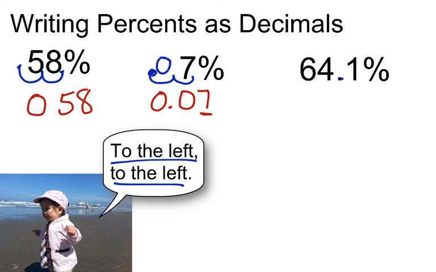And we move it 2 to the left, and stop. And you, of course, just put a 0 as your placeholder. If you were to write it without that 0, 641 thousandths, that's okay, but it is traditional to have that 0 there. So this would be 0 and 641 thousandths.